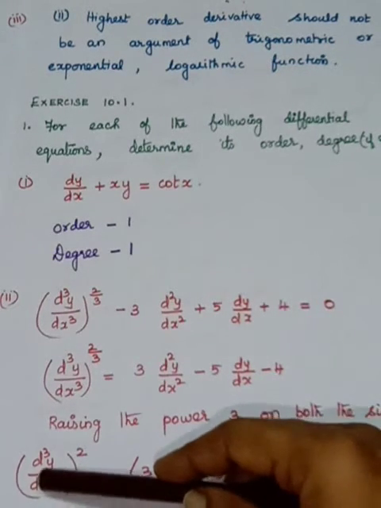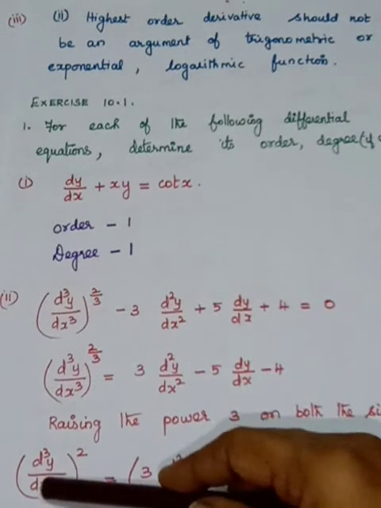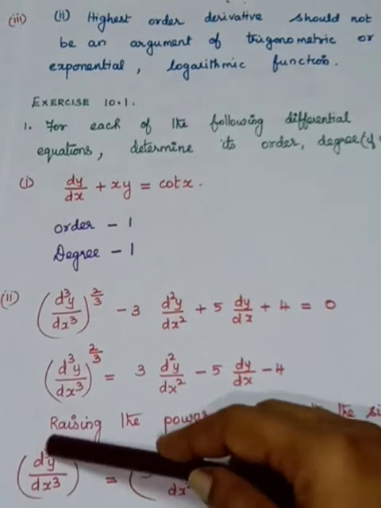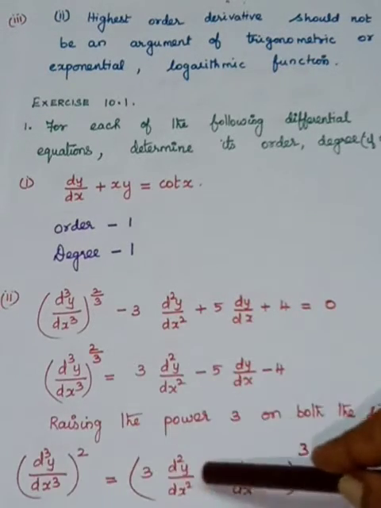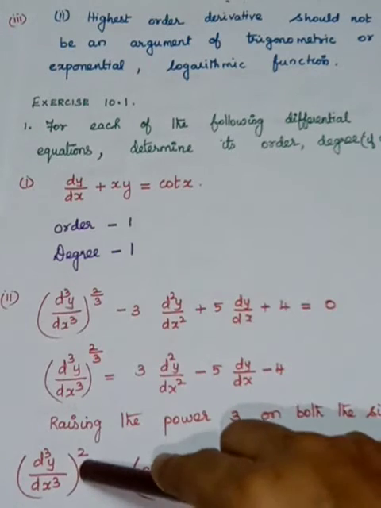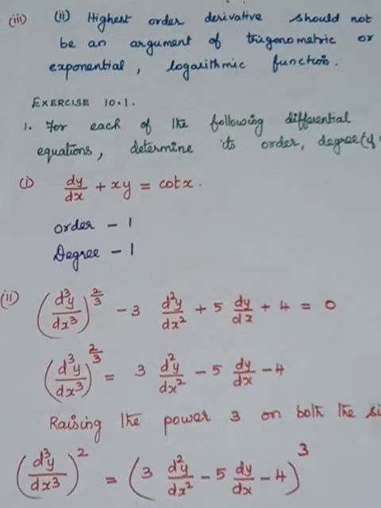After that, whose power? The power of the highest order derivative after writing the differential equation in polynomial form. The power of d cube y by dx cube is 2. Therefore the degree is equal to 2.